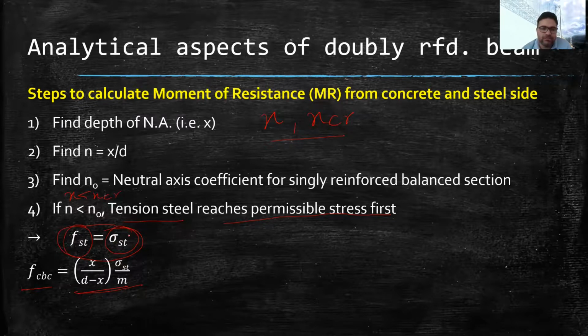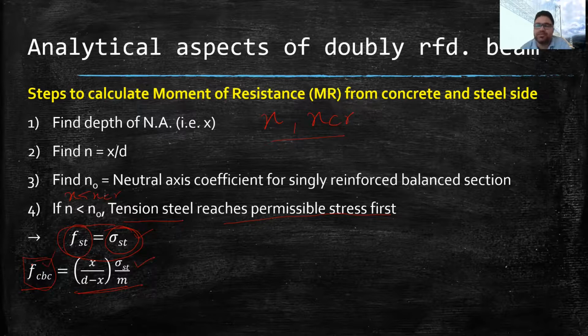And also, when steel reaches permissible stress, concrete will not reach its permissible stress. It will be less than the permissible stress. And how do we find out the actual stress in concrete at that time? So using the similar triangle property, we can find out the actual stress in concrete in case of an under reinforced section.